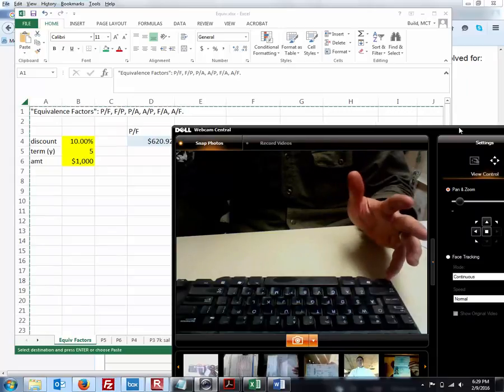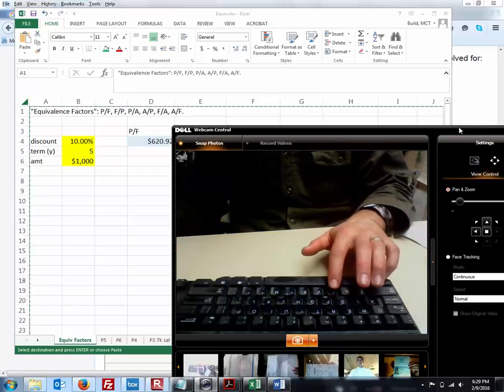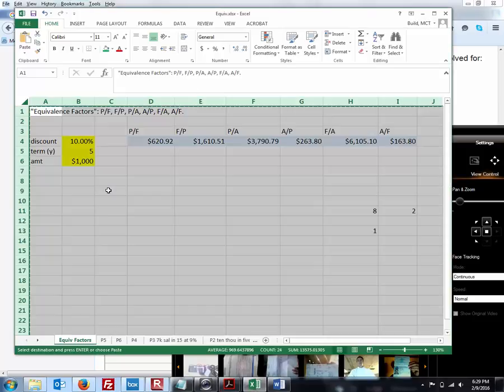I've got my pinky down on the Control, and then, whatever, index finger on the C. So now what I can do is, and I've just copied the whole spreadsheet.